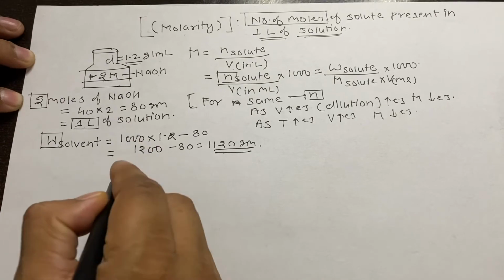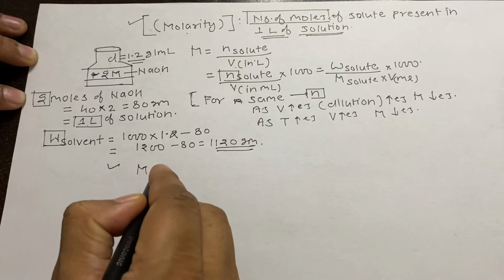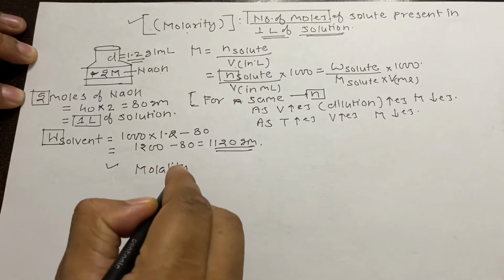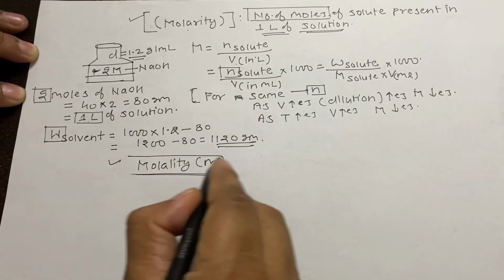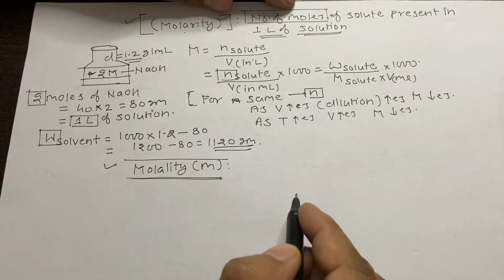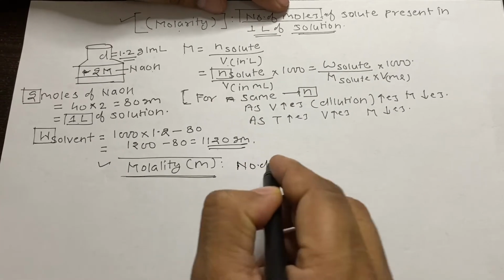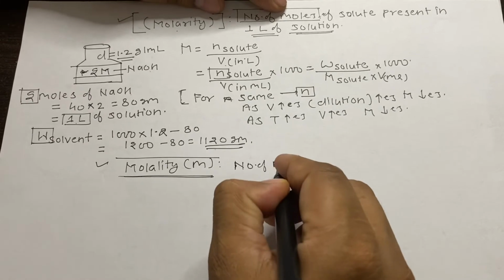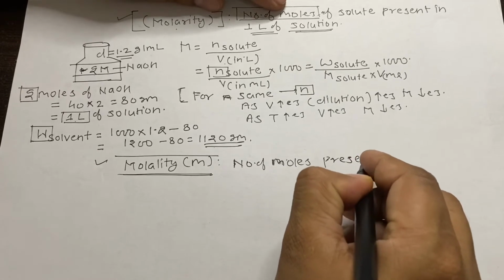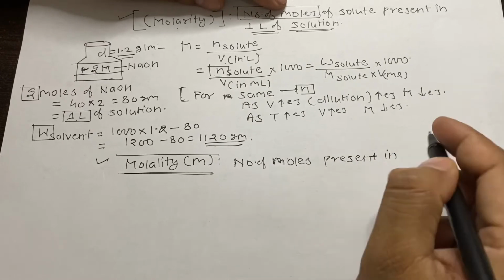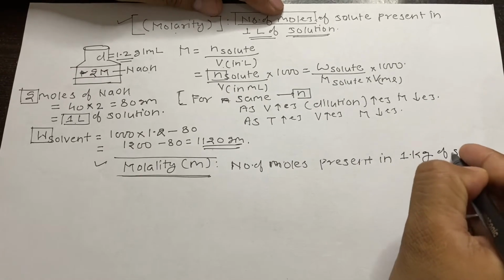Now next we take another concentration term, which is molality, denoted by small m. How can we define molality? Simply, molality is the number of moles present in 1 kg of solvent.